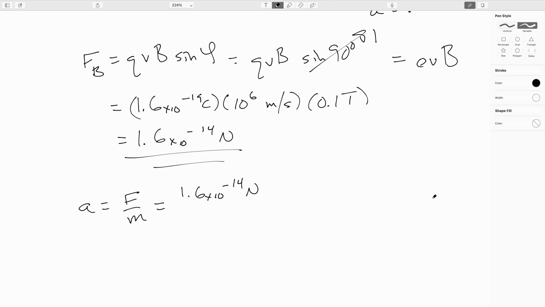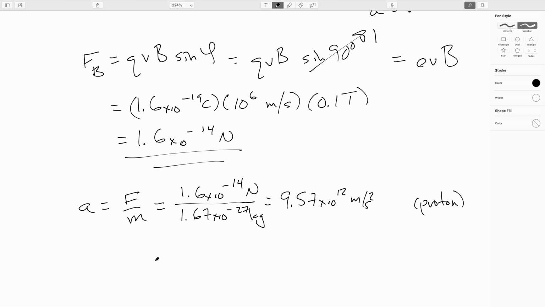Let's do the proton here. The mass of a proton is 1.67 times 10 to the negative 27 kilograms. So we get an acceleration of 9.57 times 10 to the 12 meters per second squared.